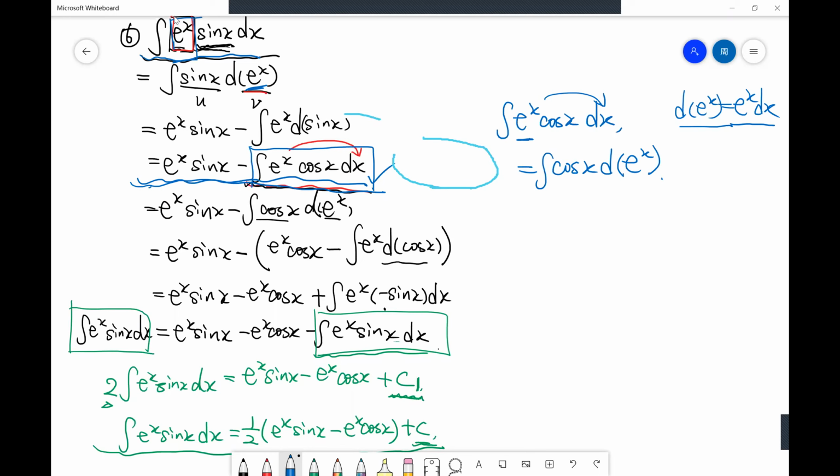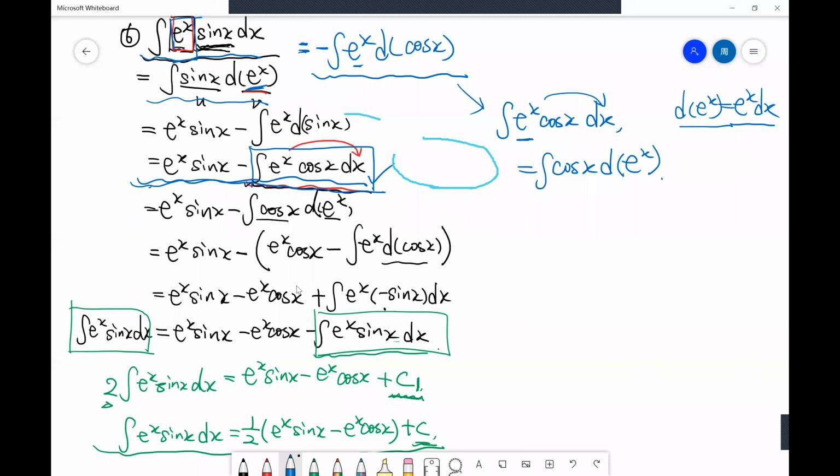And here, if you write, I want to leave e^x here as u, and sin x, you should write it as what? Cos x here. Don't forget the minus sign here, right? If you start to solve this question this way, for here, you should choose e^x as u as well.